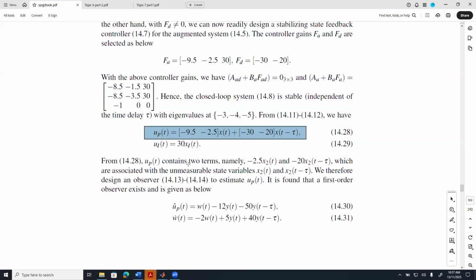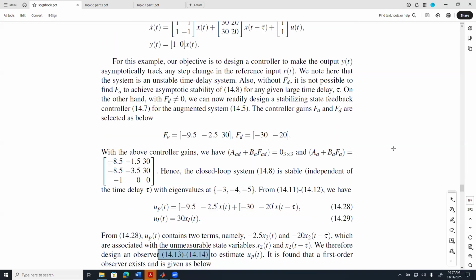And then we want to realize this generalized functional directly, and lucky for us, we could design a generalized functional observer, which is of this form. And the details we basically omitted in our work.